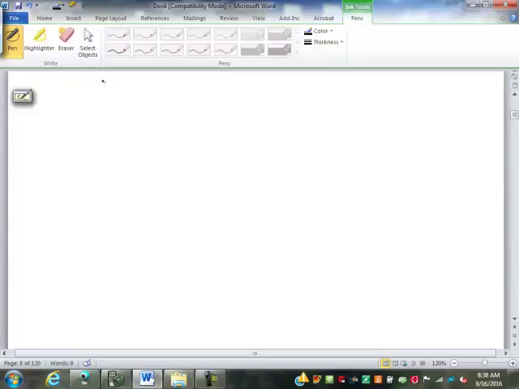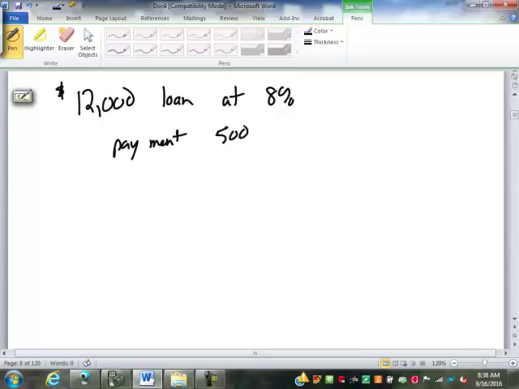Let's just say you have a $12,000 car loan. It's at 8% simple interest. Your payment, we're going to keep this simple, it's $500 a month. So your first payment, month one. Before they'll process that payment, they figure out your interest.